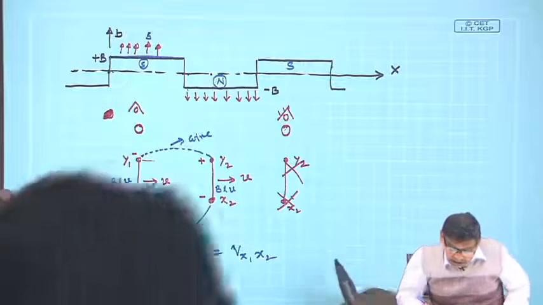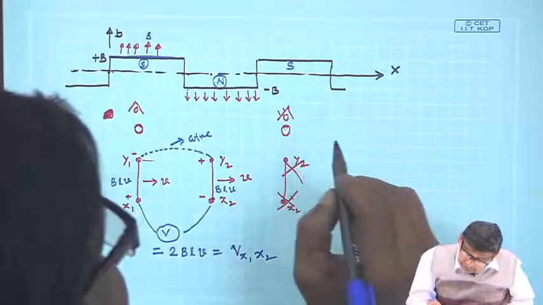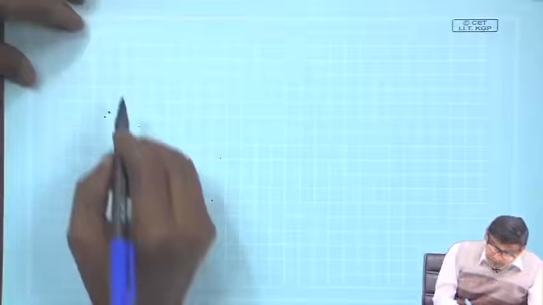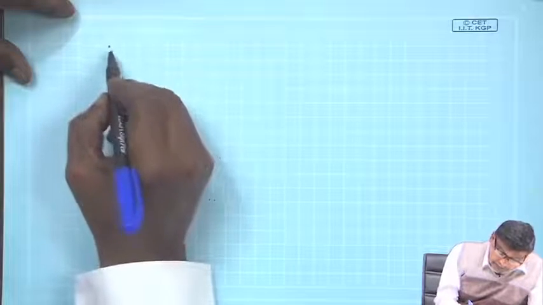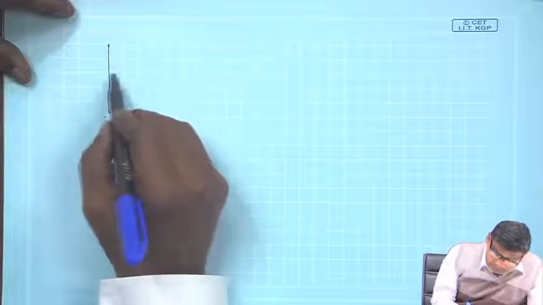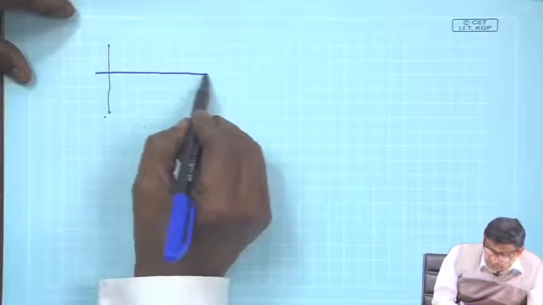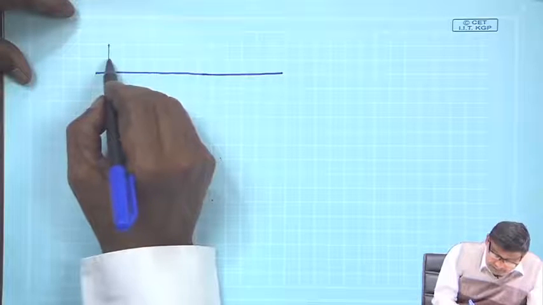Another way of looking at this is that I will go to another page and tell you. Now, these are simple exercises, but they convey many things. For example, if I say your B distribution, I will draw it in this way.